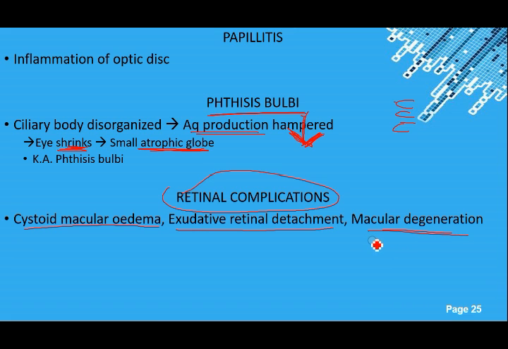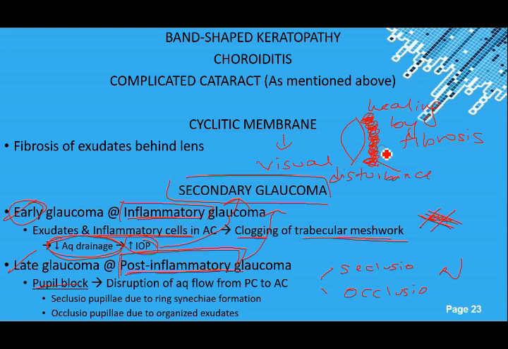Now let's talk about the treatment of these complications a little bit. With inflammatory glaucoma, we're going to give timolol maleate 0.5% eye drops, BID, plus acetazolamide 250 mg TID.